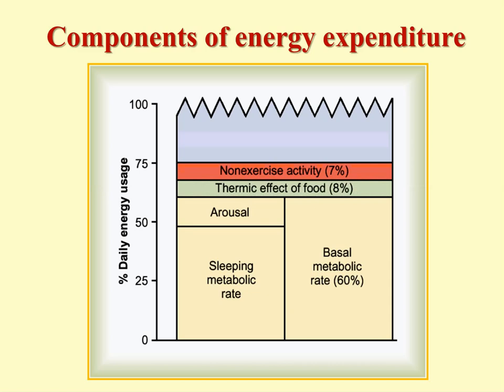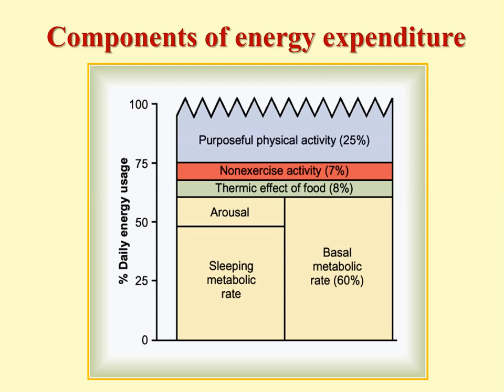Then non-exercise activity. We live with movements. Even if it's not serious physical activity, some movements occur which are necessary just to care about ourselves and so on. These are all non-exercise types of energy expenditure, and they usually take a certain amount of energy.